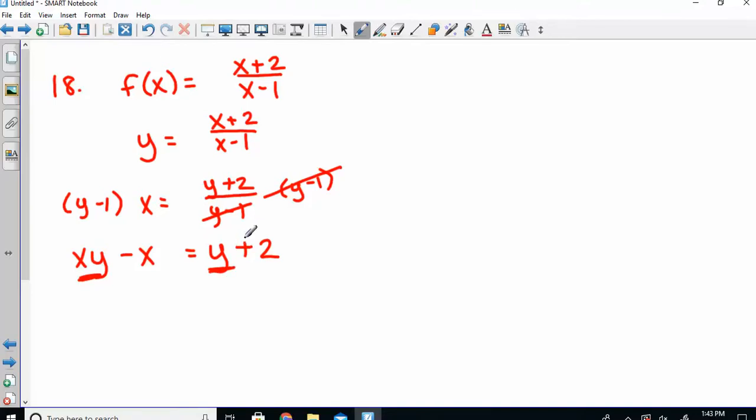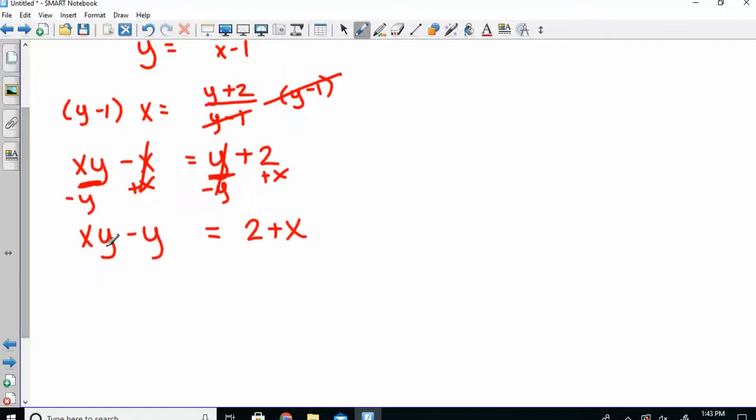Oh, but you can factor y? Yeah, let's get the y's on the same side before we factor it. So if we add x and subtract y, we get xy minus y equals 2 plus x.